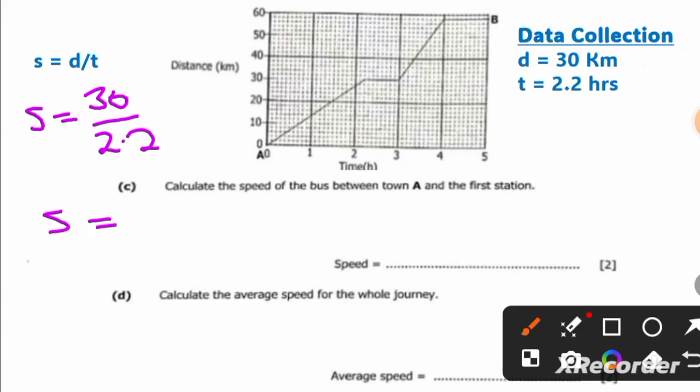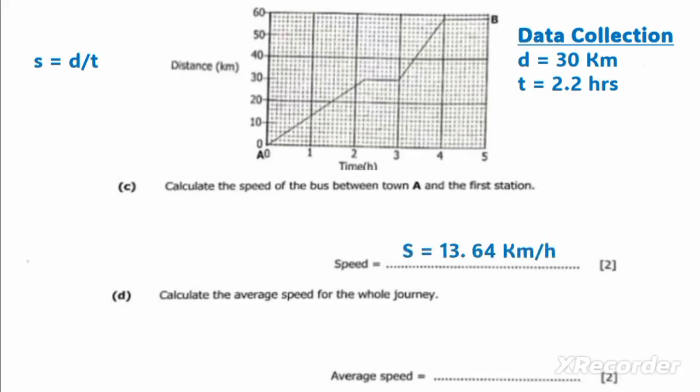So if we say 30 divided by 2.2, we are going to get 13.64. So this is our answer.